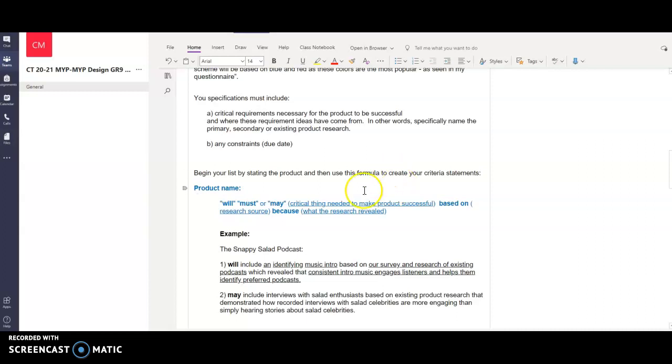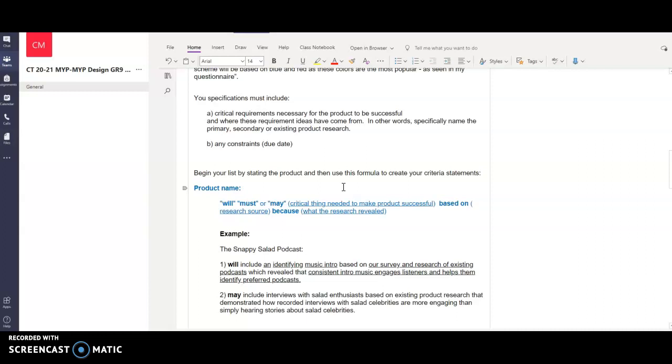Your specifications have to include the critical requirements necessary for your product to be successful. Name the research. So you can say that it is secondary research found on the internet. That is a great way to talk about those things that you went out and researched.